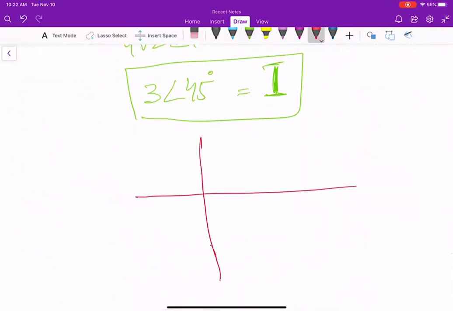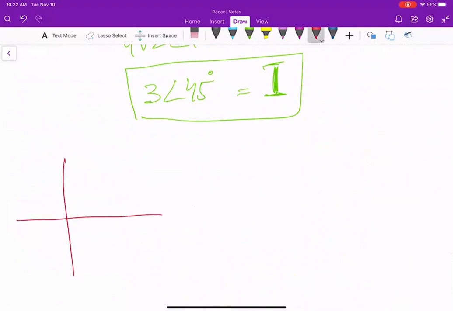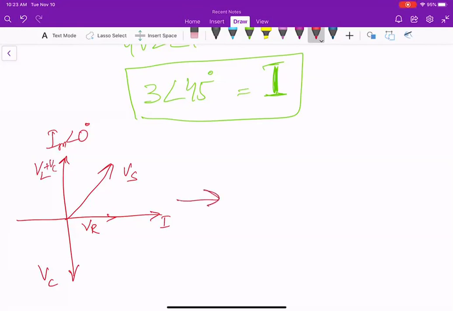So previously, this was when your I was at 0. So you have done this: VR, I, VS, VL, and VC, right? But you were saying that it may be possible that VL plus VC will be in this direction. So now you know that this is not the case.